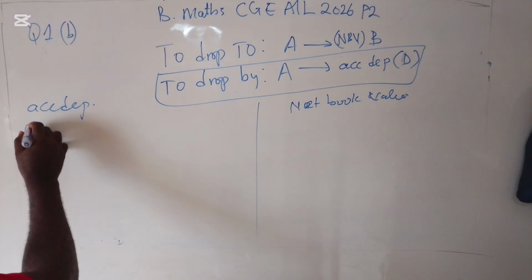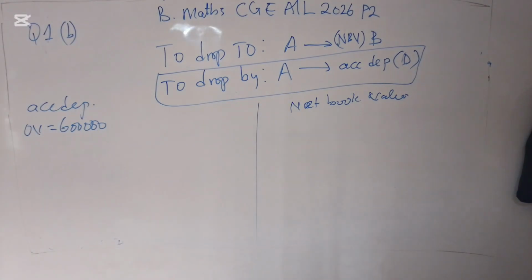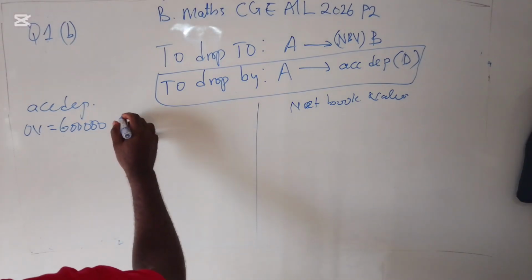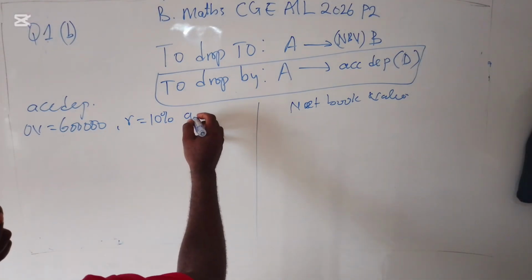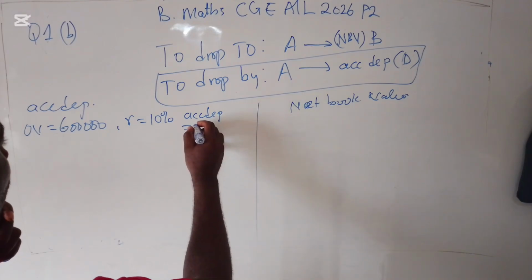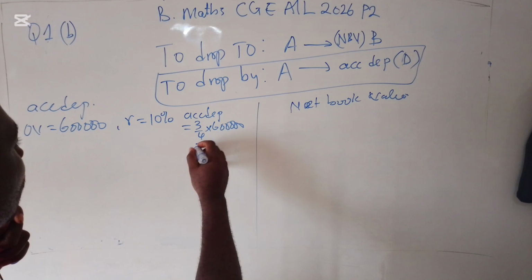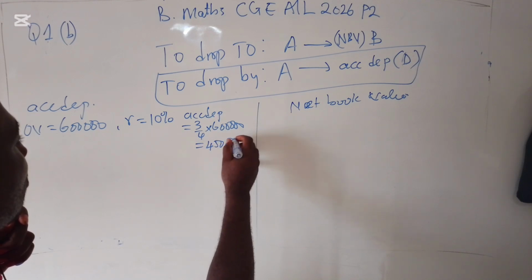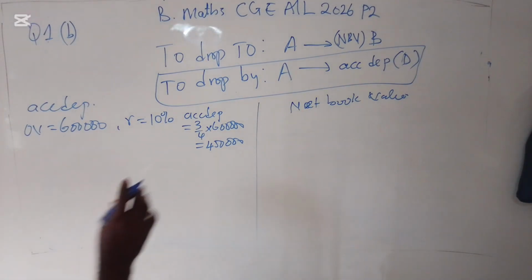The original value OV equals 600,000, and the rate is equal to 10%. Accumulated depreciation is equal to three quarters of 600,000, which is equal to 450,000. So now let us take this formula.